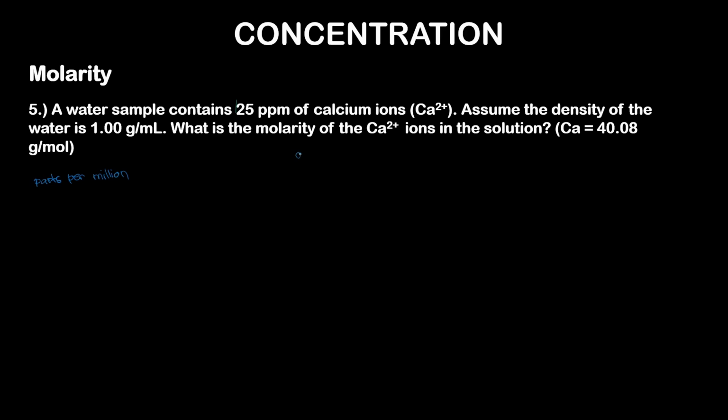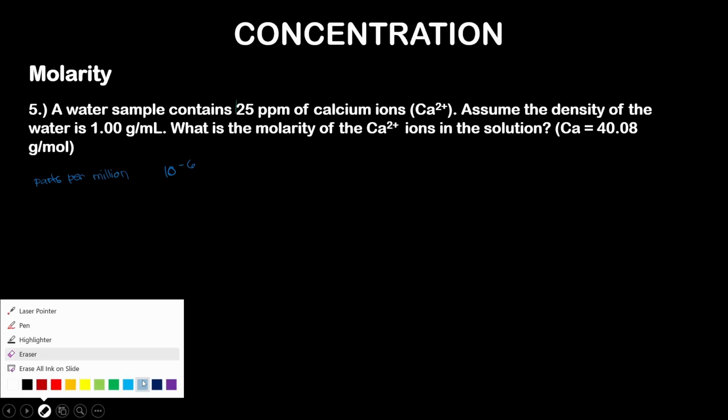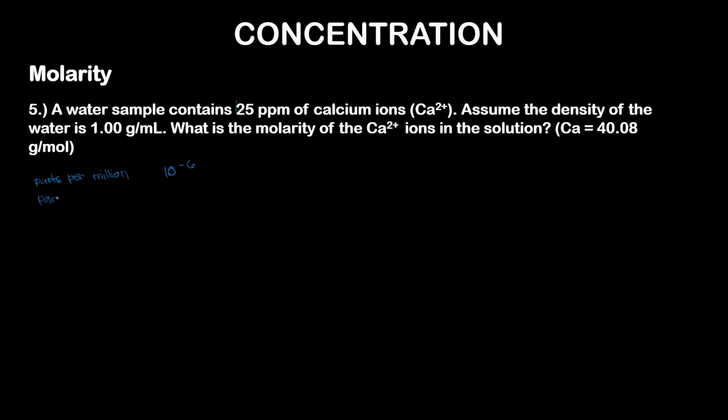That it would be 0.000 and then go on. So we have parts per million, which is 10 to the negative 6. Okay, when your concentration is 10 to the negative 6, that would be very small for a molarity. So we usually use ppm, or we also have parts per billion, which is 10 to the negative 9, parts per trillion, 10 to the negative 12.